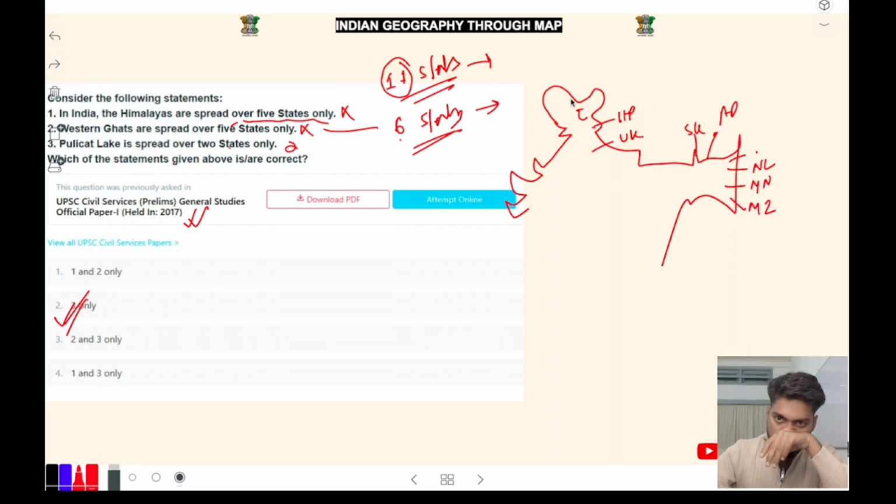Okay, here they are counting. 1 2 3 4 5 6 7 8, and Jammu Kashmir 9, and some part of West Bengal, 10. One more state which I'm skipping.